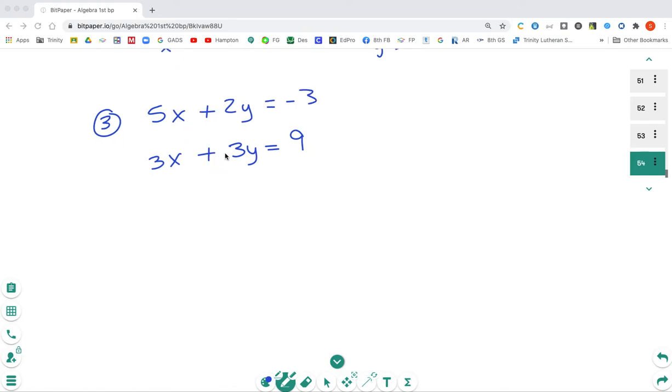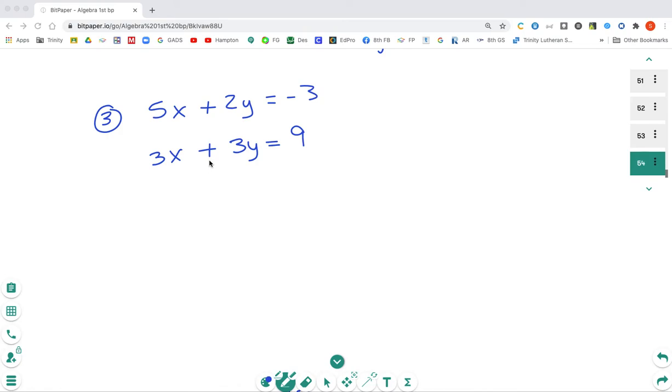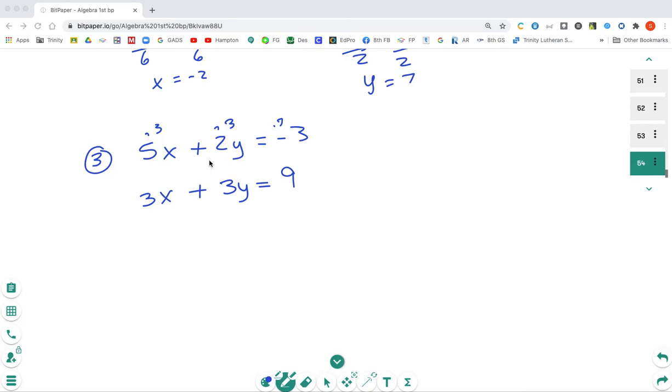So in this case, I'm going to take a look at the y's because they're the smaller number, and I'm going to make a zero pair. So I'm going to multiply the first equation by 3. And I'm going to multiply the second equation by -2.